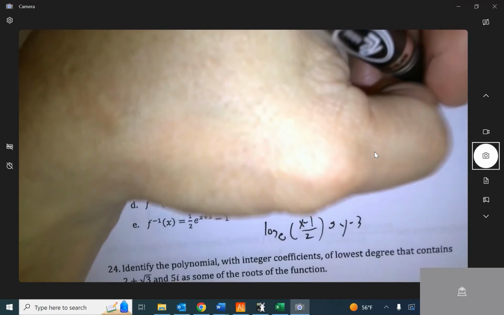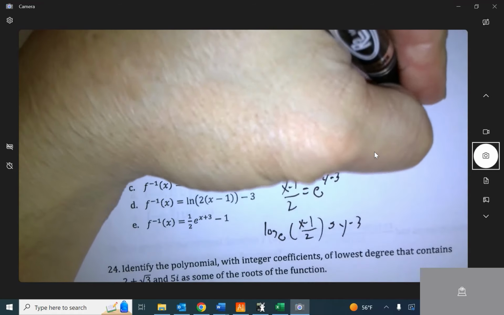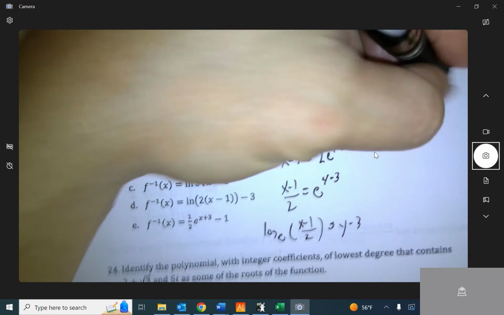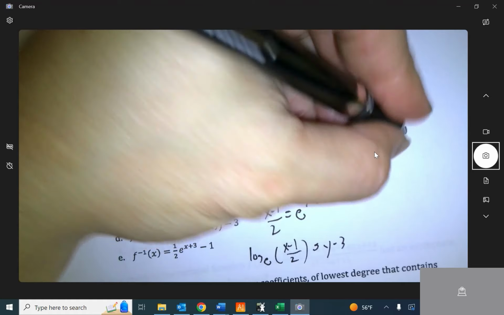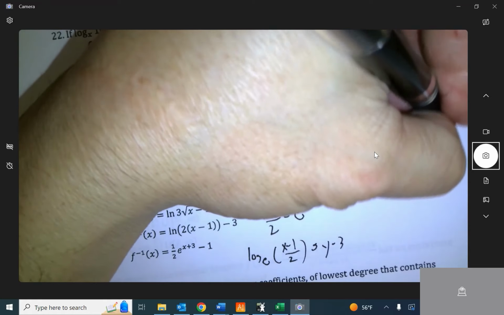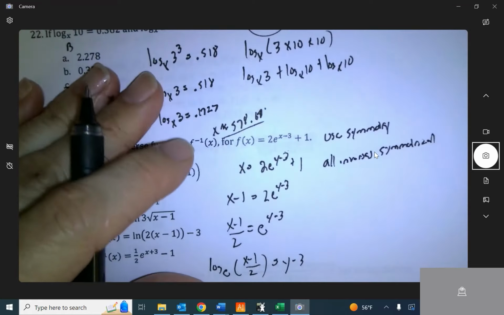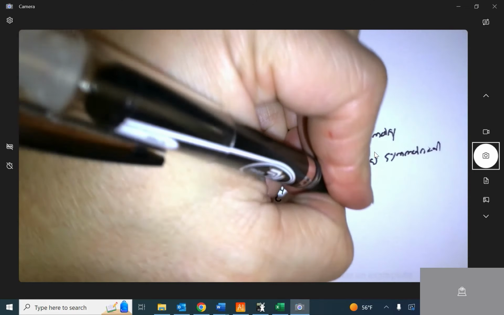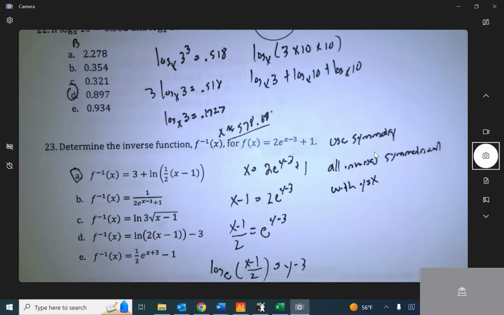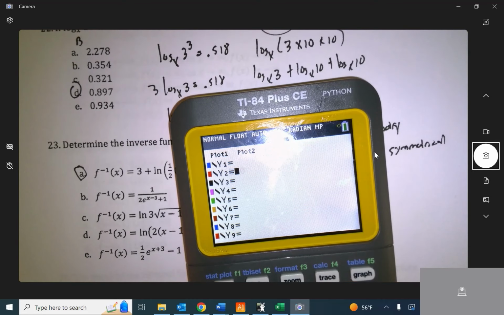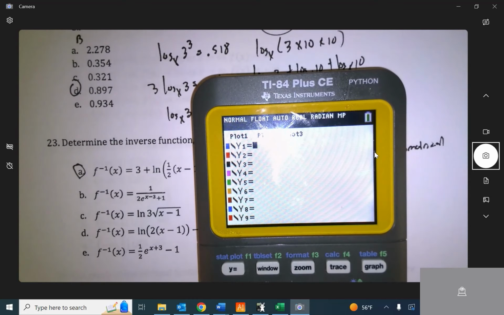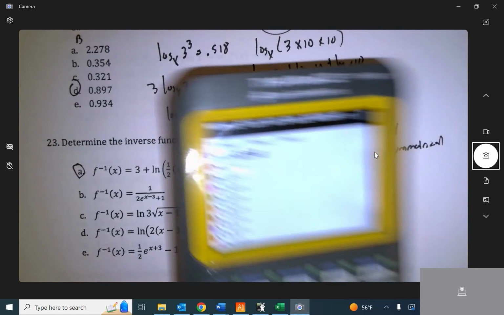Another thing you can do is you can use symmetry. All inverses are symmetrical. This is a good test skill right here. All inverses are symmetrical with y equals x. So let's look at symmetry here. Let's look at our original equation. These are horrible, so some kids can't see the symmetry and some can.